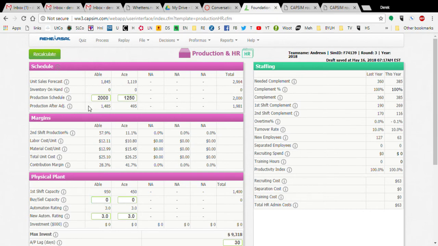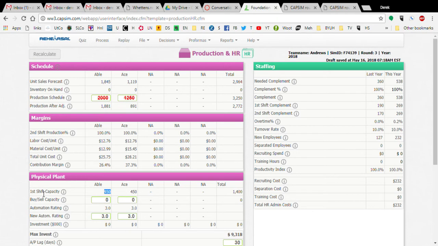And I'm going to recalculate, and it's going to tell me that I can't make that many because my capacity, my plant, my facility, my manufacturing building and equipment can't produce that much. Each shift in my plant for the able product I can make 950, but that's just the first shift.